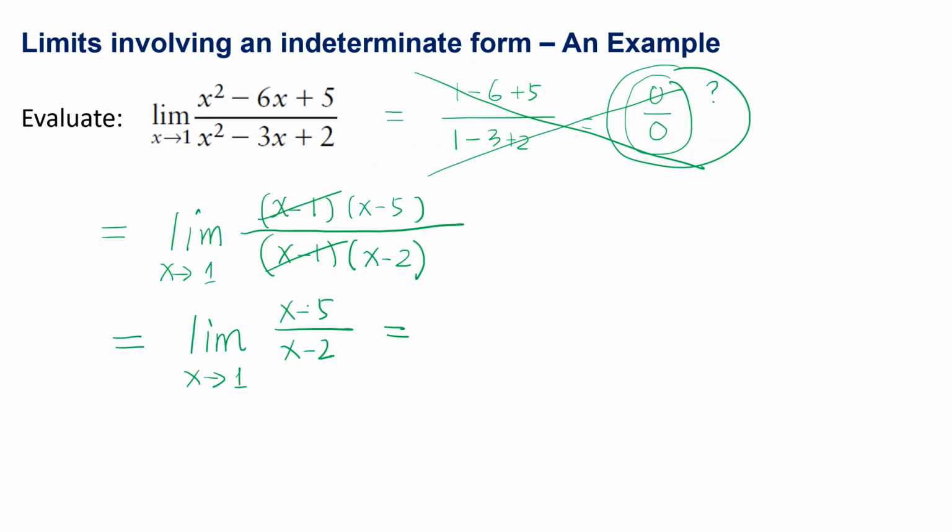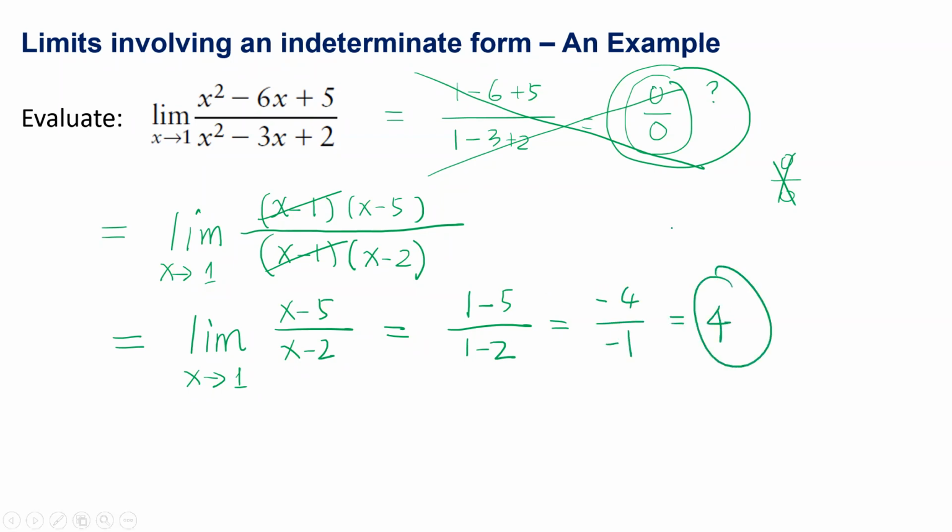So we say the limit of this function as x approaches 1 is 1 minus 5 over 1 minus 2. This time we won't have an expression like 0 over 0, right? Therefore, we can simply evaluate its limit as -4 over -1, which is 4. You understand?